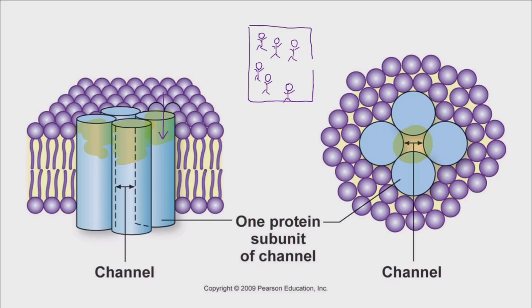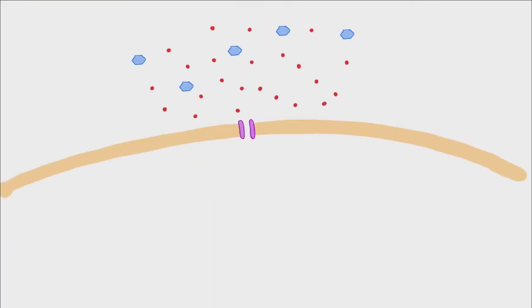So, for instance, let us say that I have a channel protein that is specific for the red dot. And the red dot is going to be sodium, a sodium ion.